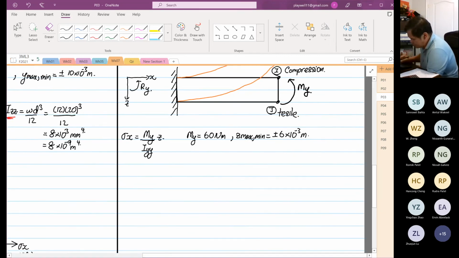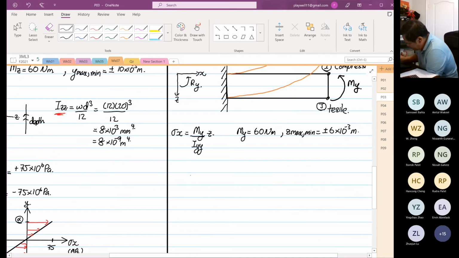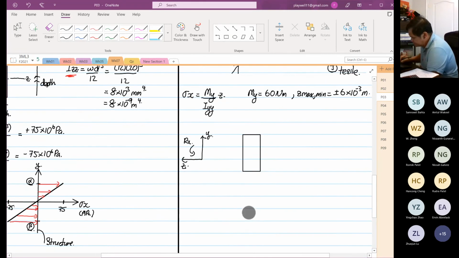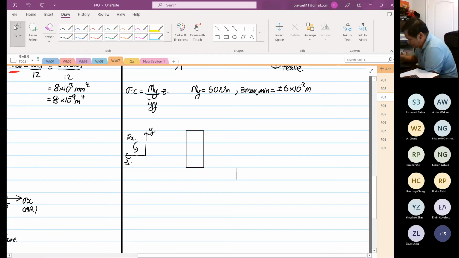I'm going to draw the structure in the same orientation, the cross-sectional view. This is our Y, this is our Z, and this is now our rotation about X. Now we want to find IYY, so you construct your YY axis.